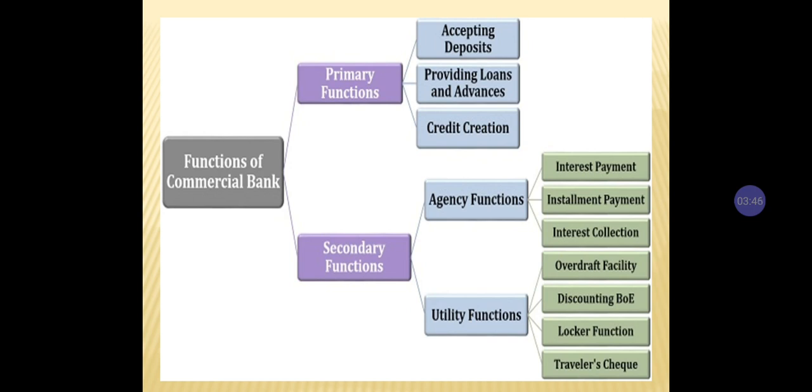Then installment payment. For example, I'm buying a mobile phone on an installment basis, so the installment payment is paid by the bankers.